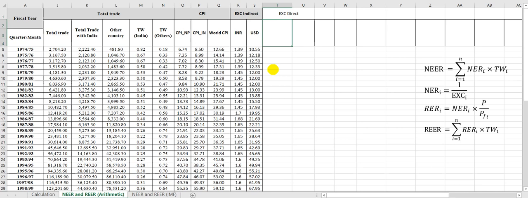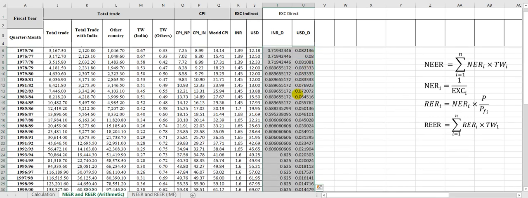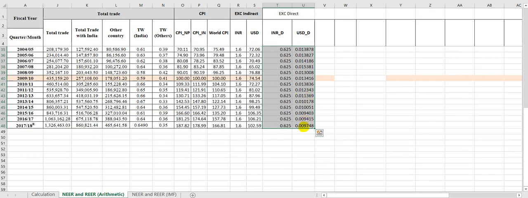So I will term it INR D and USD D. This means the direct quotation of this exchange rate. For direct quotation, I will simply divide 1 by the exchange rate, copy it, and double click on it.